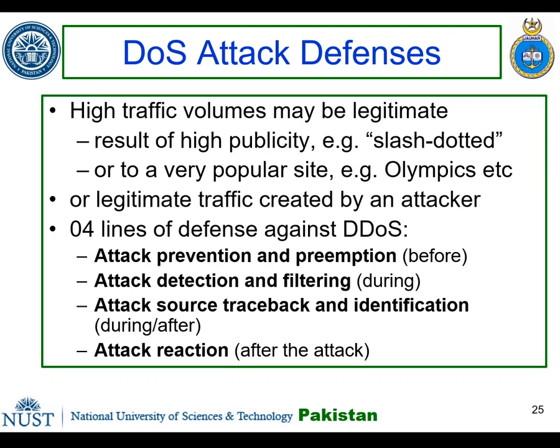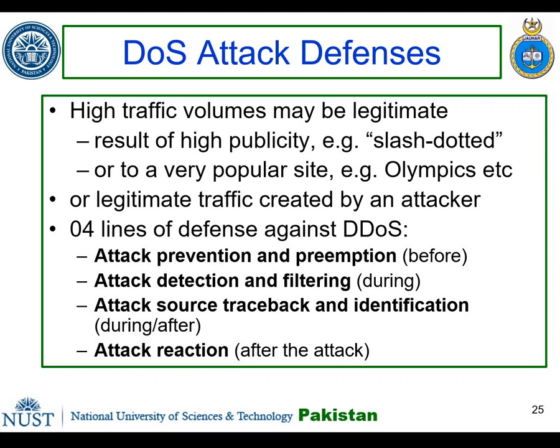In general, there are 4 lines of defense against distributed denial of service attacks. The first is attack prevention and preemption before the attack.